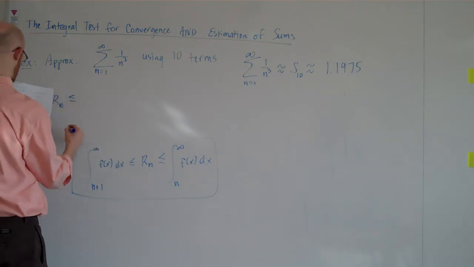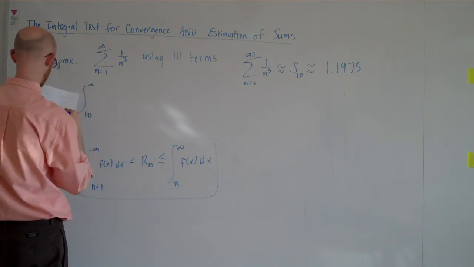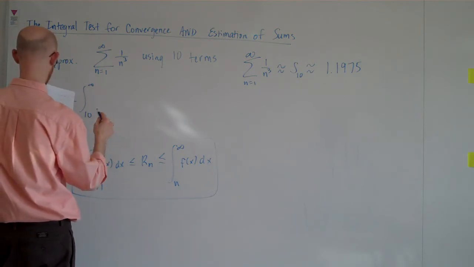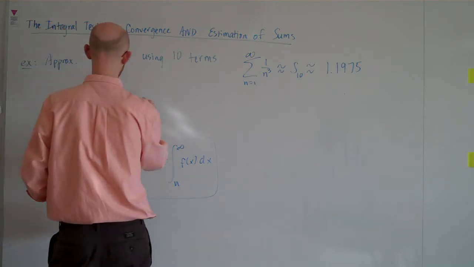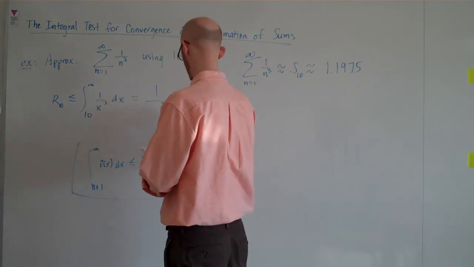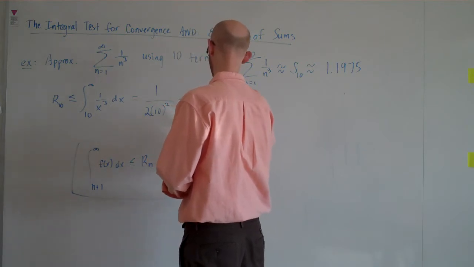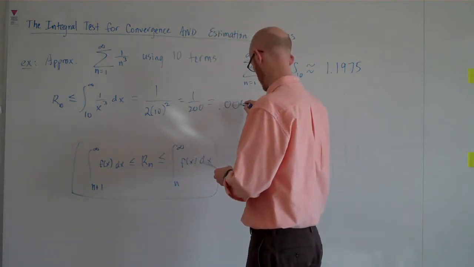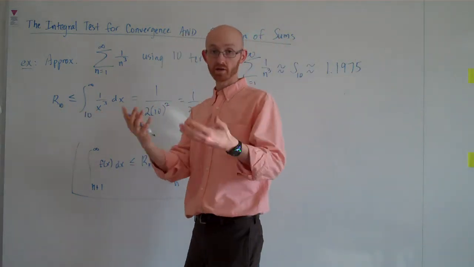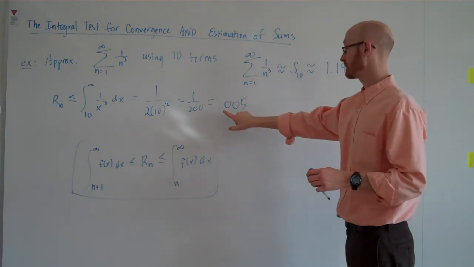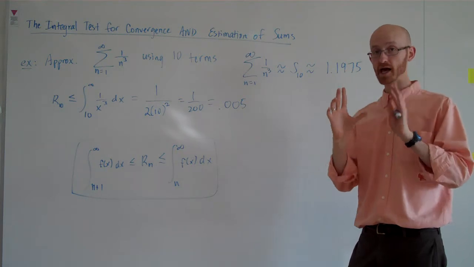R sub 10 is less than the integral from 10 to infinity of 1 over x cubed. And that integral is 1 over 2 times 10 squared, which is 1 over 200, which is 0.005. So what I know then is my error, or the remainder, is going to be 0.005 or less away from the actual sum.